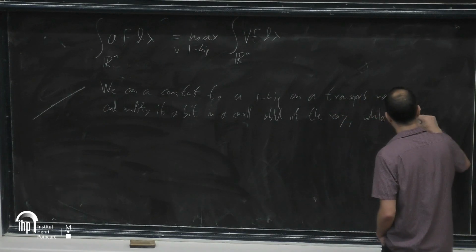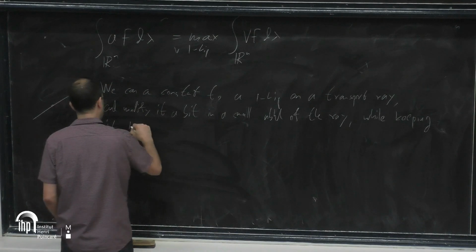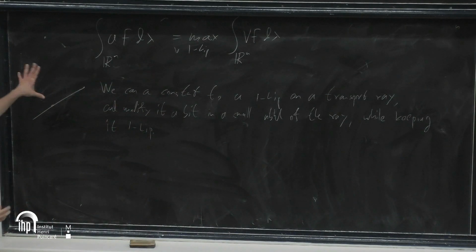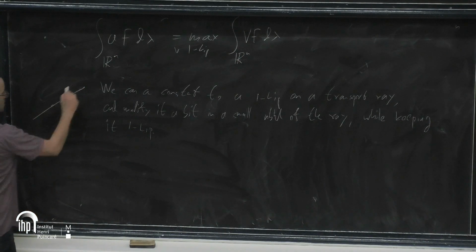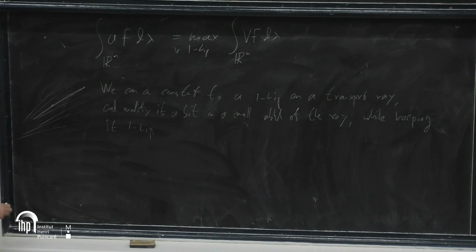So basically, what type of variation? I want to understand from the optimality conditions that the integral of f on each line has to be equal to 0. So what kind of infinitesimal variations of u are allowed?